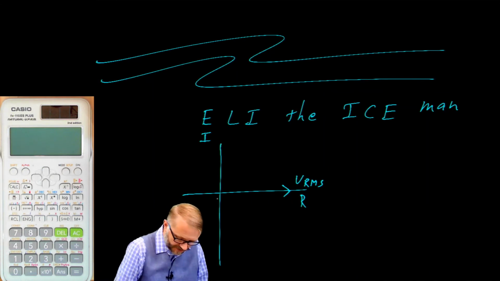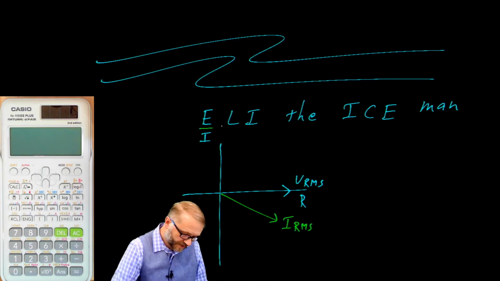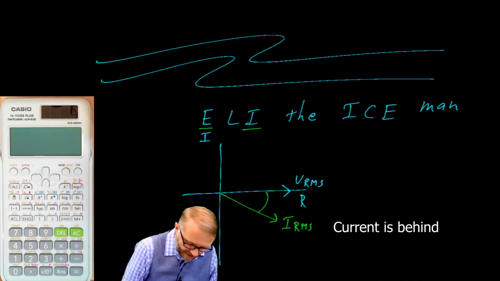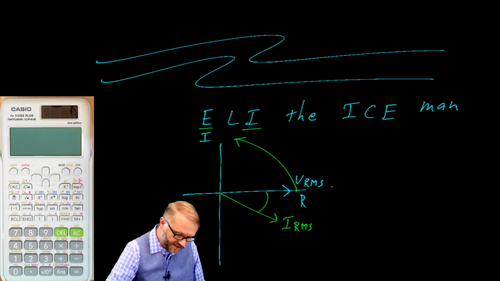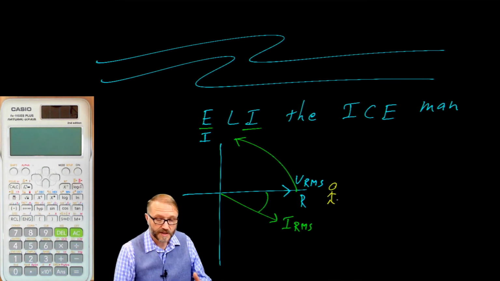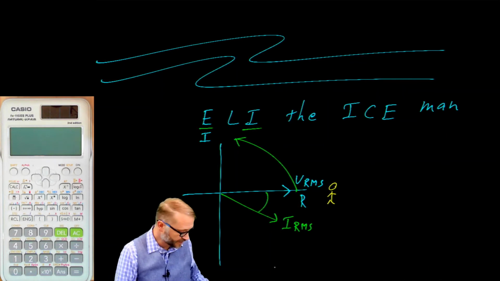So if that's the voltage, we'll let the current vector be here. Voltage leads current. So here we can see the current is behind when we consider that the phasors rotate in a counterclockwise direction. If you were a stationary observer here, you would see the voltage waveform first, then sometime later you would see the current waveform.